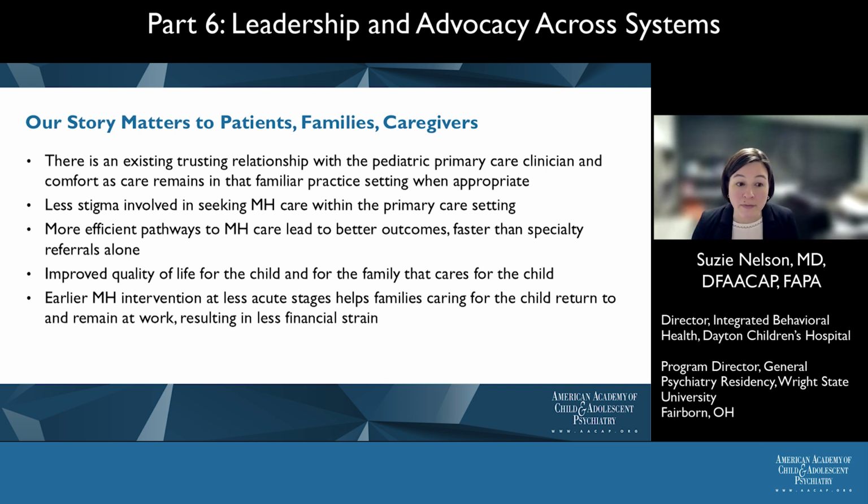An earlier mental health intervention at less acute stages helps families that care for the child to return to and remain at work more often. Ultimately, this will result in less financial strain on the family and its entire system.